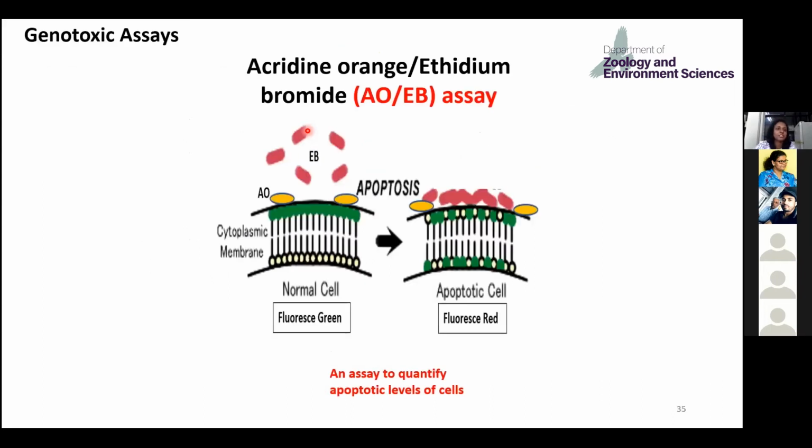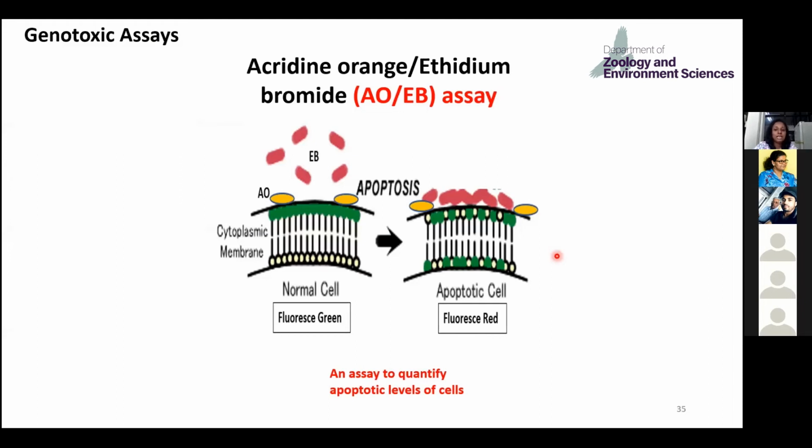Then we went for genotoxic assays after treatment, because we have to ensure the safety of this herbal preparation. So an acridine orange ethidium bromide assay was done. In this, in a normal cell, only acridine orange would bind, and in an apoptotic cell, ethidium bromide will also bind to the cell.